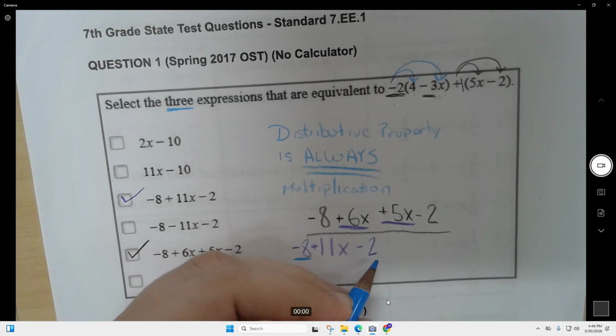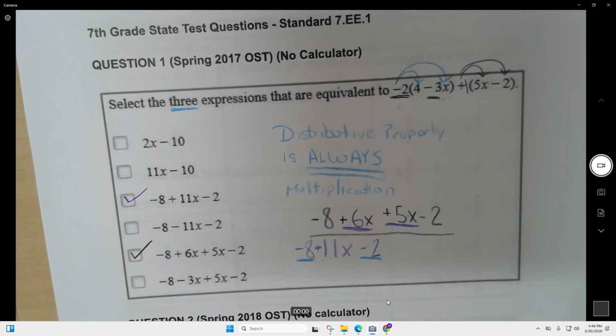Combine -8 and -2. Whenever you're subtracting from a negative number, it's going to get more negative. My favorite example to use is if you are $5 in debt. If you borrow $5 from someone, and then you borrow another $5, that makes you at negative $10.